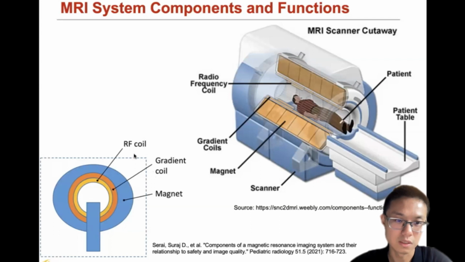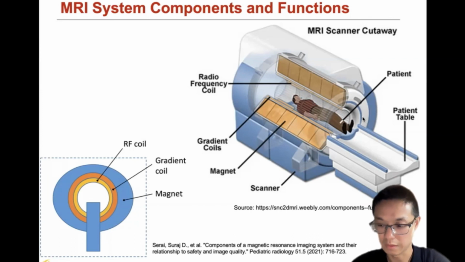And you have the radio frequency coil to generate radio frequency waves so that the body can absorb them and re-emit some of the energy for the scanner to pick up and generate the image. You also have a patient table, so the patient will lie on this table and be sent into this closed machine for scanning.